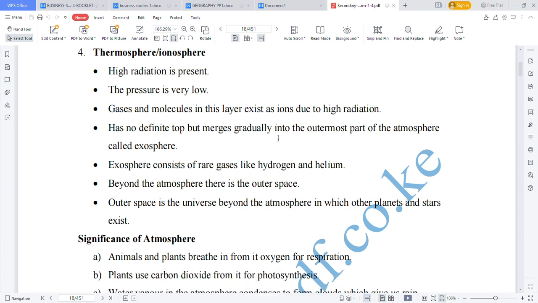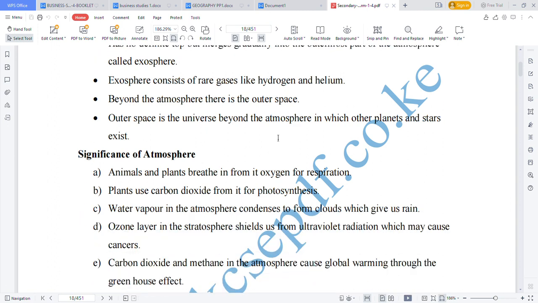It has no definite top but merges gradually into the outermost part of the atmosphere called the exosphere. The exosphere consists of rare gases like hydrogen and helium. Beyond the atmosphere, there is outer space. Outer space is the universe beyond the atmosphere in which other planets and stars exist.